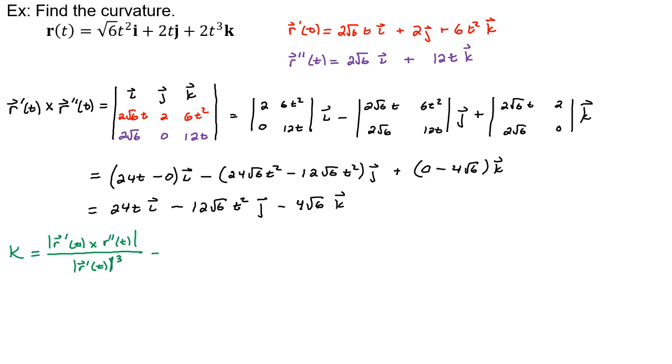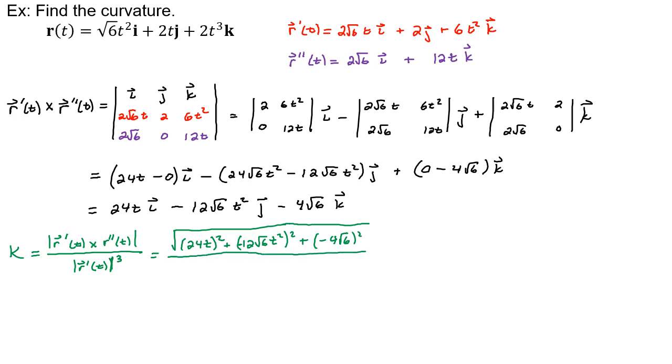Now, it's a lot better when you have numbers to work with, but we don't have any numbers here. So the magnitude of the cross product would be take each one of those terms that I just found and square it. And by the way, a lot of times this does not simplify very well. So I left the negative off the 12. And then I have a negative 4 root 6 squared.